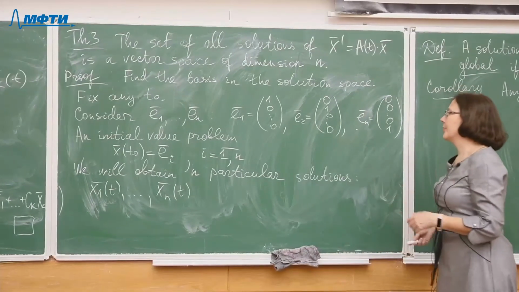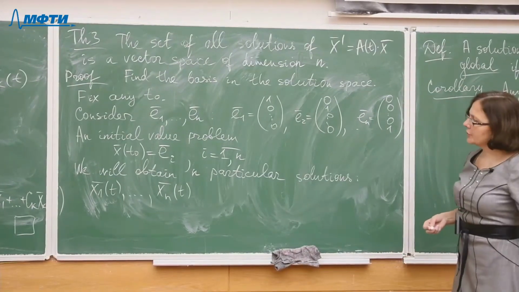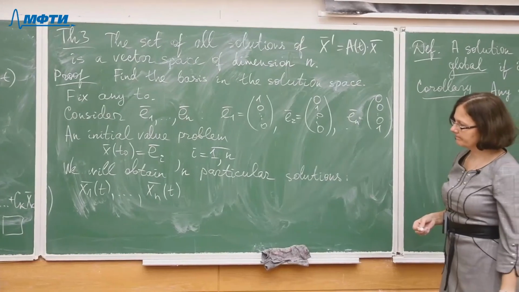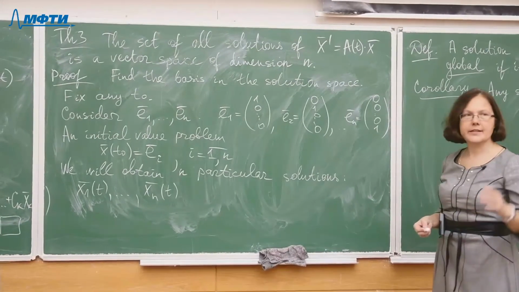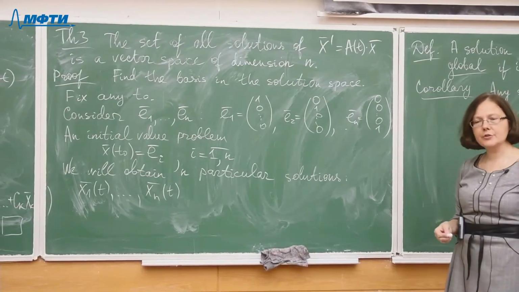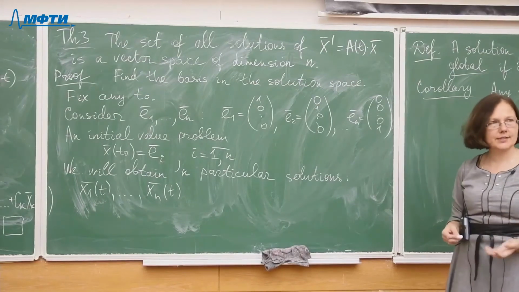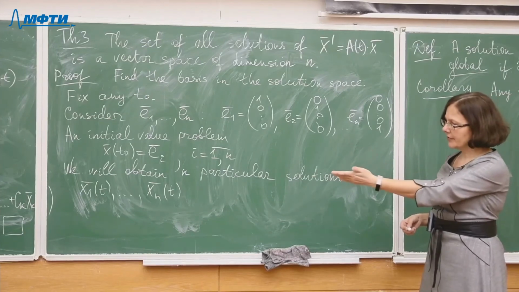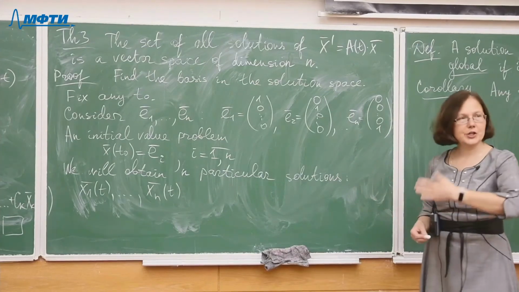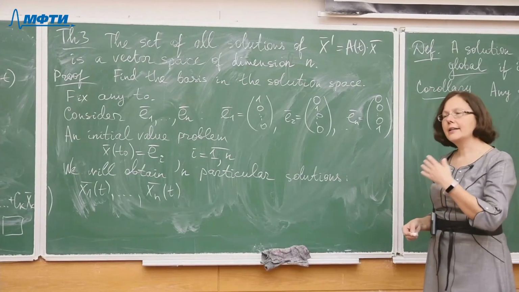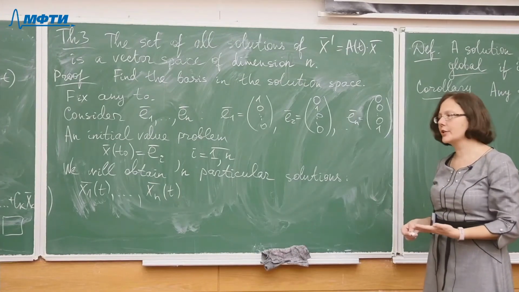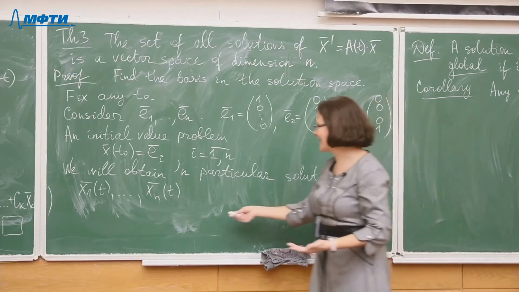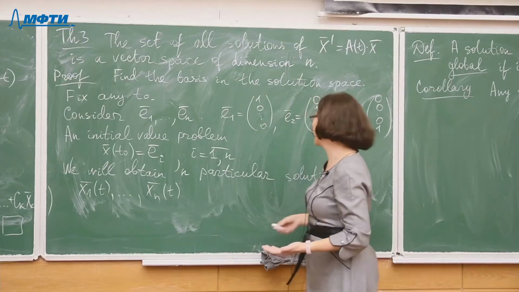So n particular solutions. And I'd like to show that any solution is a linear combination of these solutions. By the linearity principle, we know that any linear combination is a solution, but I want to prove that this is a basis.